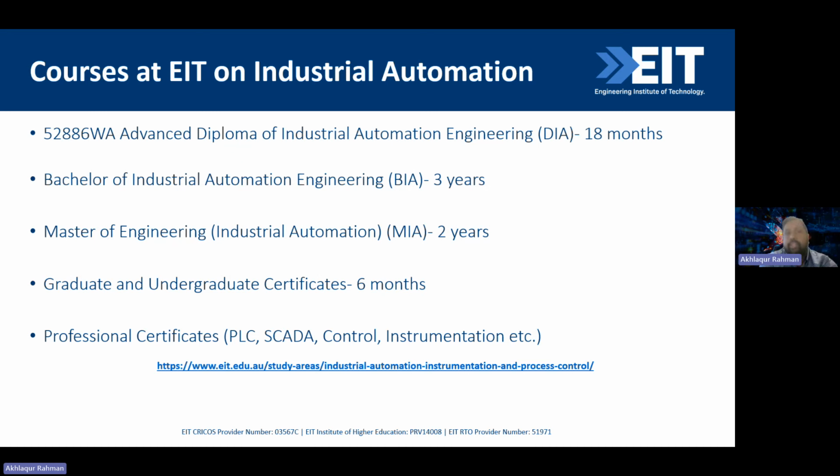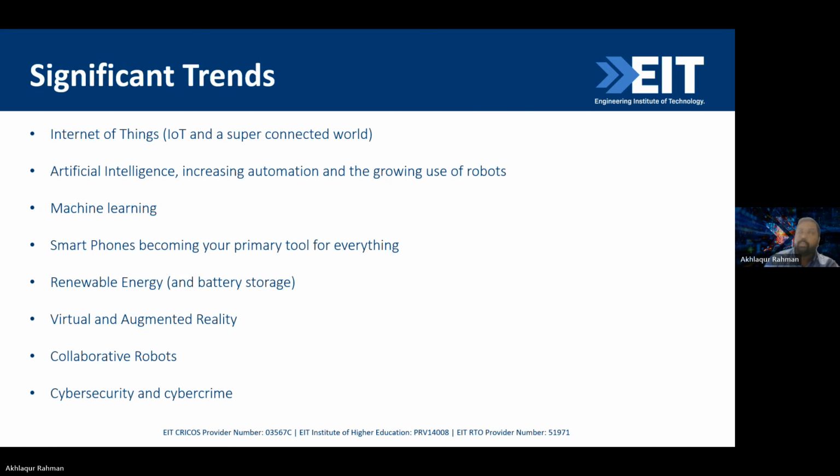Or similarly, with a professional certificate, where you have some knowledge in a particular industry, but for your job you need to know a bit about SCADA or, let's say, PLC in particular. You can do a professional certificate and learn about that. So we have different flexibilities in our courses depending on what you need.